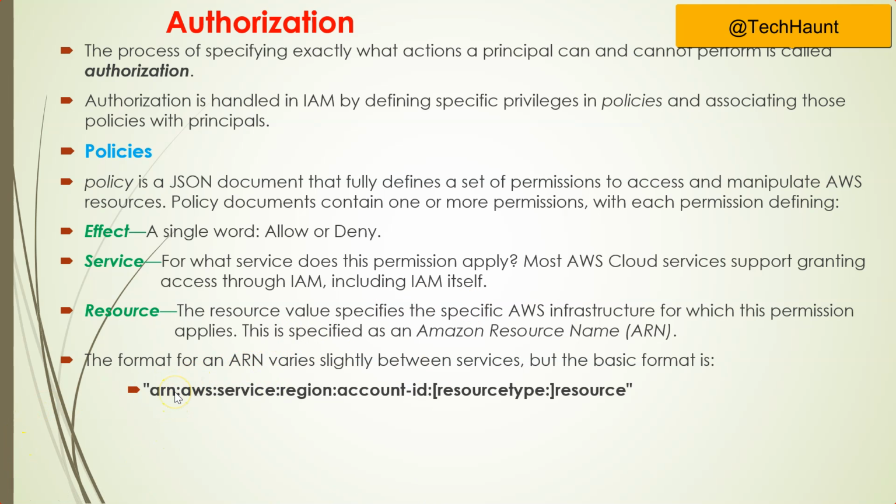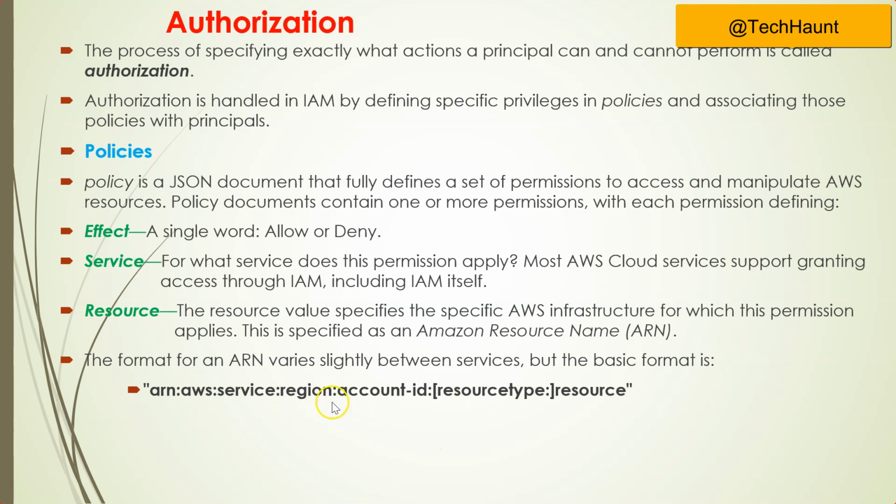ARN is the default first part, and the second is always the partition, in which partition your resource is in, and it's always aws here. Then there is the service, which identifies the AWS product, and for IAM resources this is always iam. Then the region is where your resource resides. It could be blank.